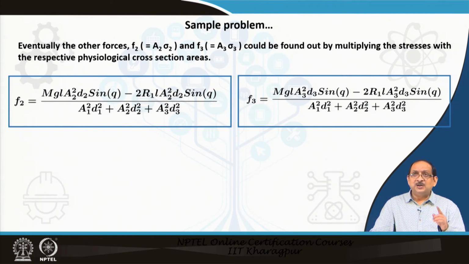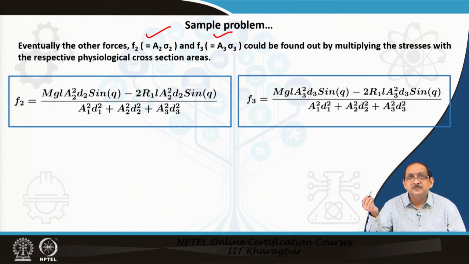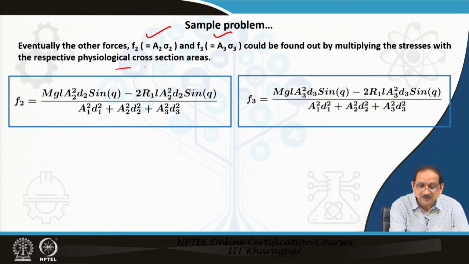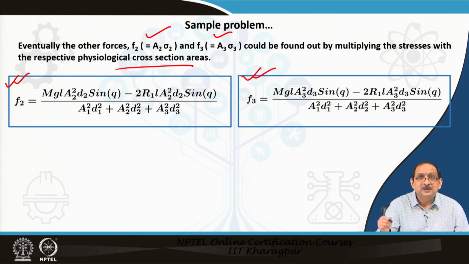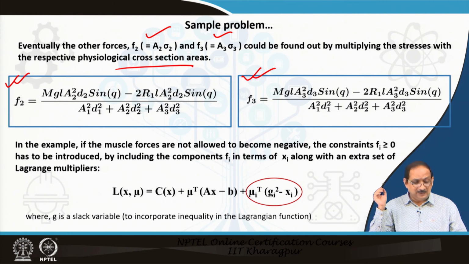Eventually, the other forces F2 and F3 could be easily found out by multiplying the stresses with the respective physiological cross-sectional area. So, F2 and F3 have been found out as indicated in the slide.